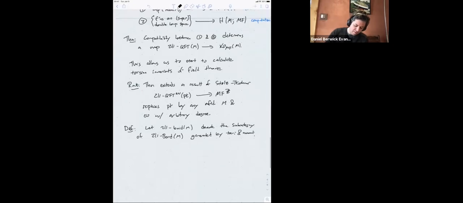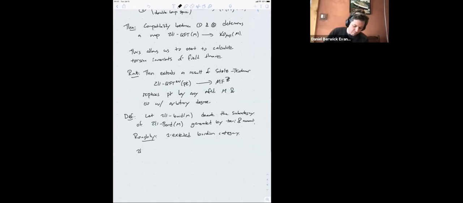Roughly, you should think of this as the one extended bordism category. This is in contrast to 2 extended, which would have manifolds with corners and things like that. And then just define a version of little QFT as representations of this subcategory.